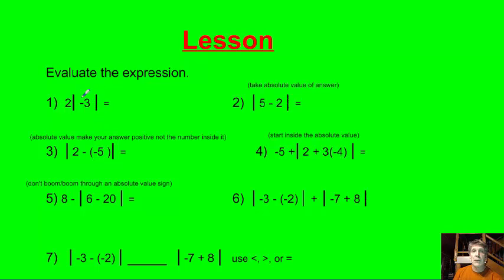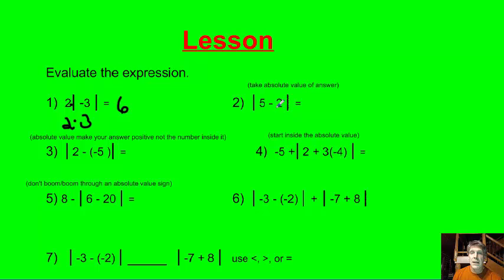Now, the first one here is we want to find 2 times the absolute value of negative 3. Well, we start inside here and work the absolute value of negative 3, which we've learned earlier is 3. And then what's sitting in front? There's a 2 there, but I don't see anything, so you automatically assume multiplication. So I'm going to take 2 times 3, and the answer for that one is going to be 6. So take the absolute value and then multiply it by 2.